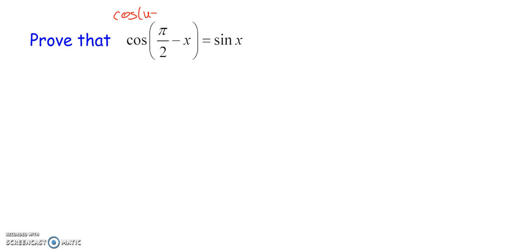Cosine u minus v is equal to cosine u cosine v plus sine u sine v. That's the formula we're using. The only difference is this is u, this is v. So let's write it out.